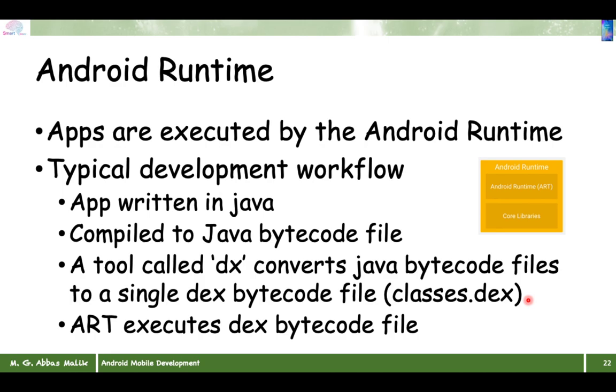It is this DEX file that actually executes inside our mobile system, and ART, the Android runtime, executes that DEX bytecode file. So this is how our application is executed and works in our Android system.